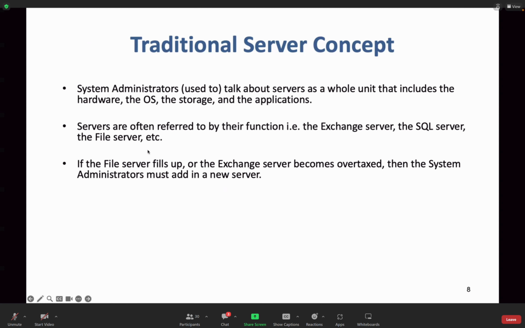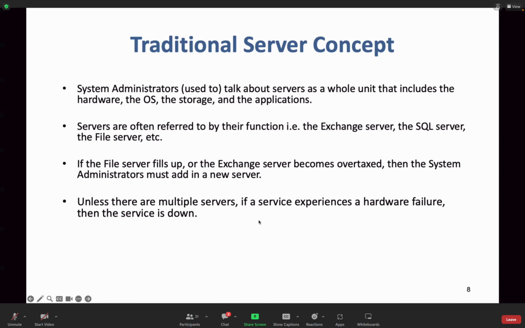And when a server gets overloaded, then the system admin has to get a new server. All these services like email, database, and file server are serving a lot of clients, and they can be overloaded. One may not be enough.